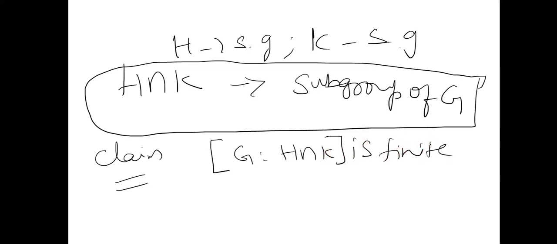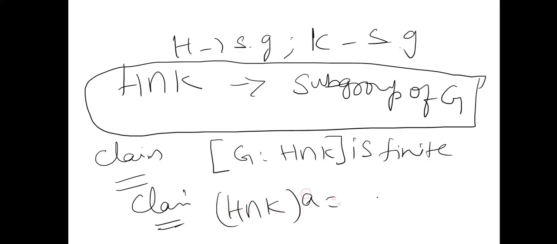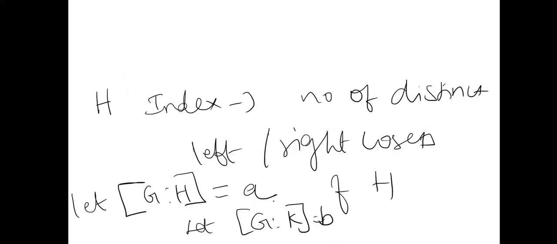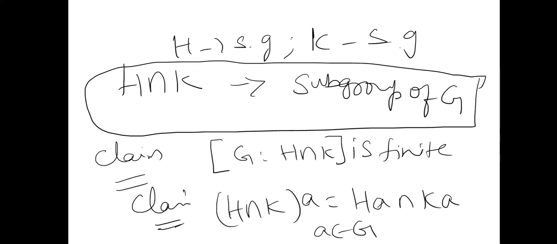So before even attempting to prove this, let me first prove this particular identity. That is, H intersection Ka is equal to Ha intersection Ka, where a is an element of G. If you think you will get confused with this a and the previous A that we have taken for index, then let me change this to x.